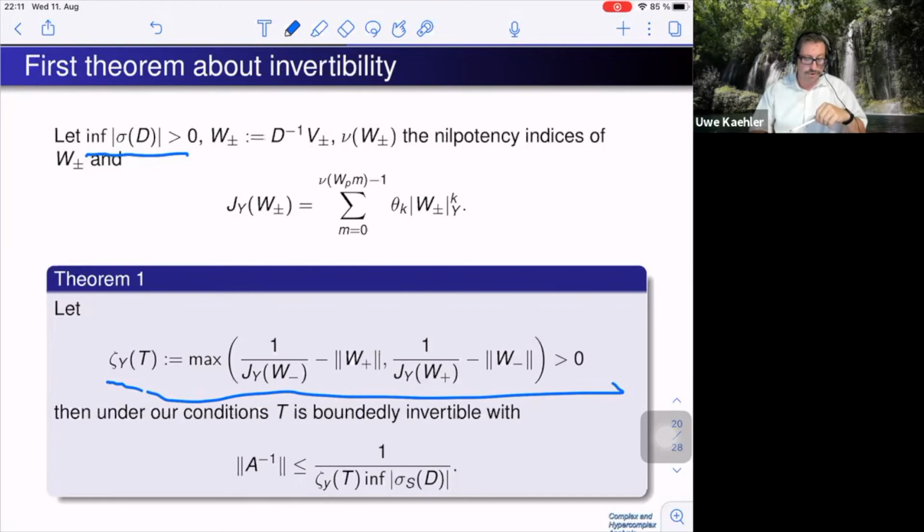There would still be some constants appearing below here. That's because in the Clifford case, if you have two operators, the modulus of the composition is not less or equal to the product of the moduli, or only in special cases, but you still have certain constants, 2 to the power n over 2, which you would plug in here.